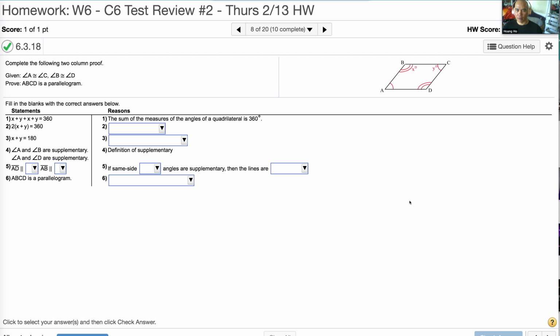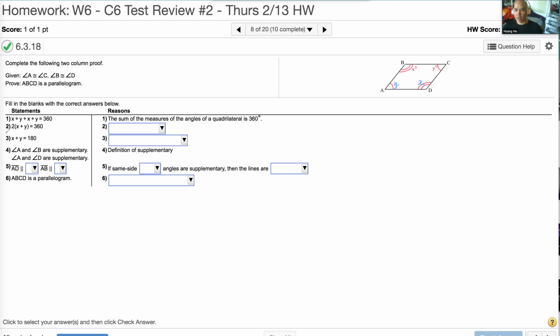Okay. First of all, opposite angles are congruent. So if this is x, this one should also be x. This is y, so this is y. When you add the 4 interior angles of a quadrilateral, they have to equal 360.